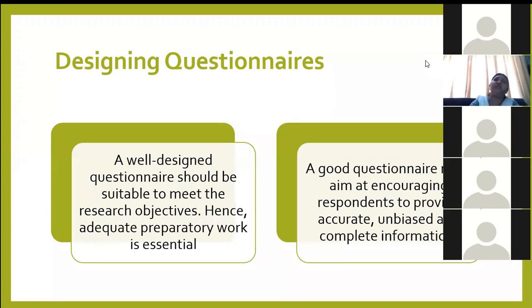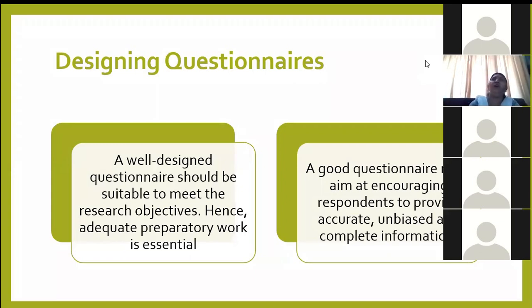When we come to the stage of designing questionnaires, we have to look at our synopsis or the research proposal that we have already submitted, and we have to examine the research problem as well as the major research objectives. So we have to achieve those research objectives. So a well-designed questionnaire should be suitable to achieve or meet the research objectives. So a lot of preparatory work is essential.